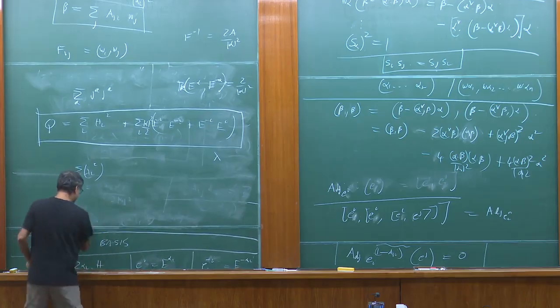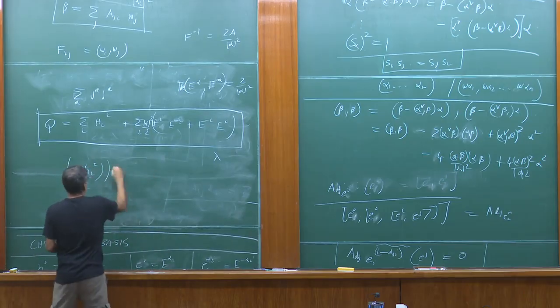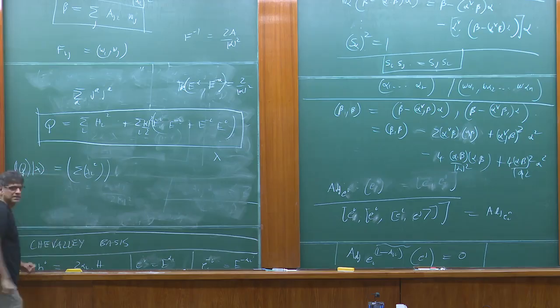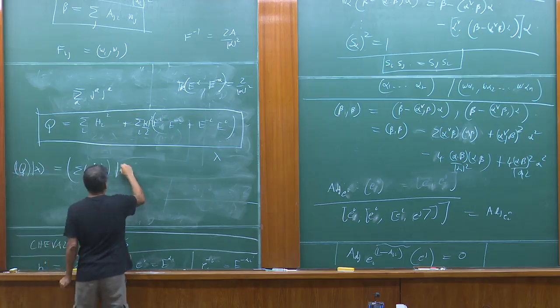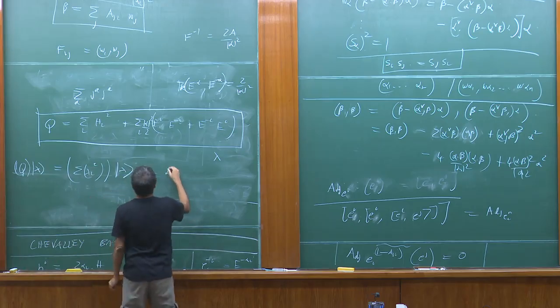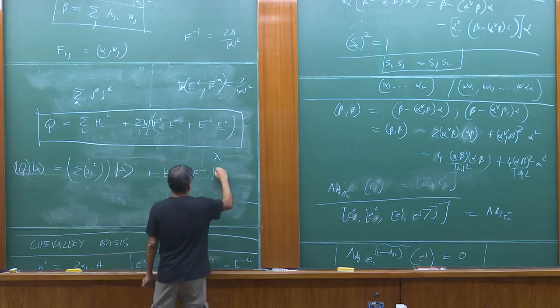So what I'm doing is writing Q on lambda. We get this on lambda plus mod alpha_i squared by 2 E_i E_minus i acting on lambda.